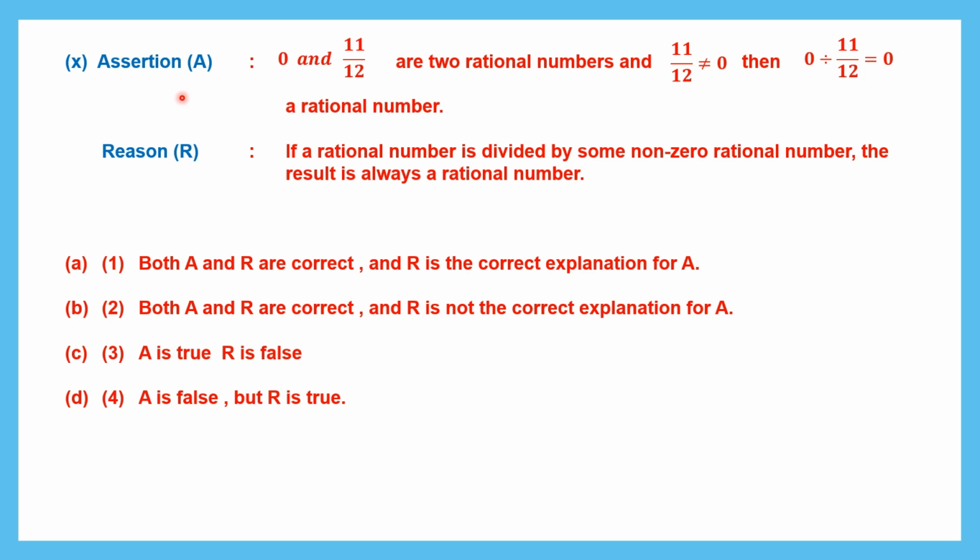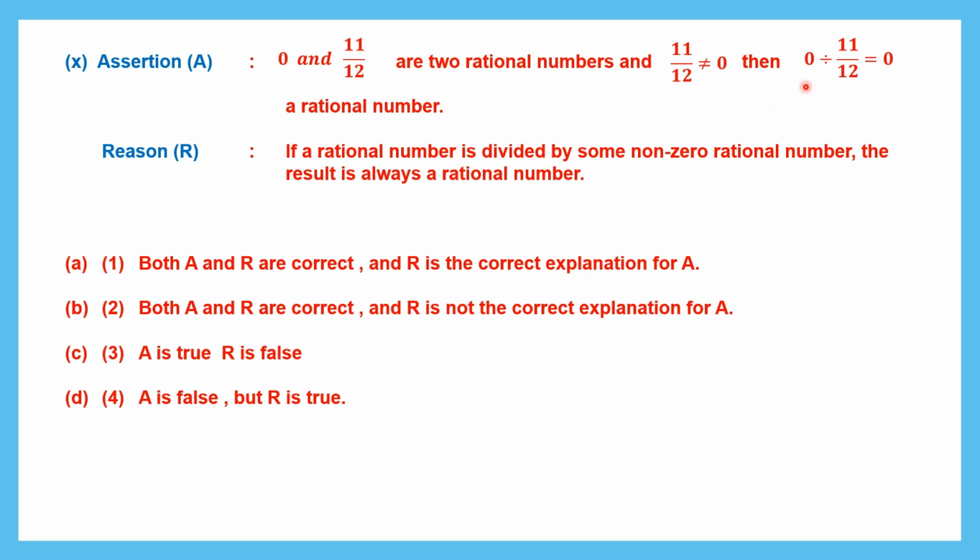Question 10. Assertion A states 0 and 11 by 12 are two rational numbers. Okay. So 0 is a rational number, 11 by 12 is also a rational number, and 11 by 12 is not equal to 0. They are two rational numbers.